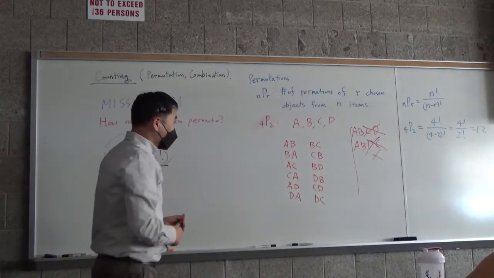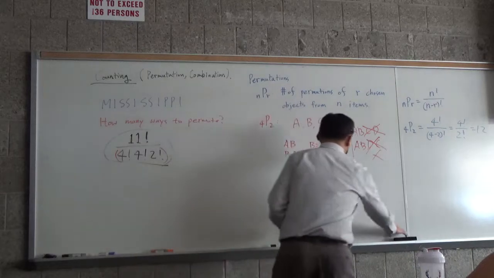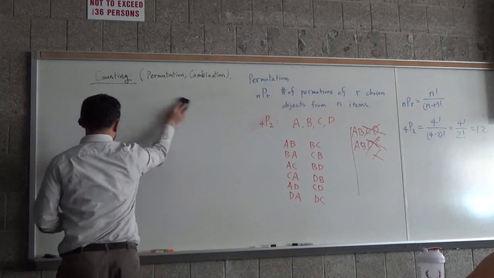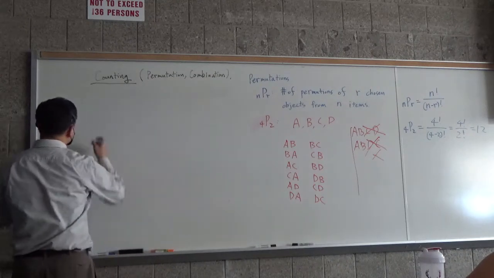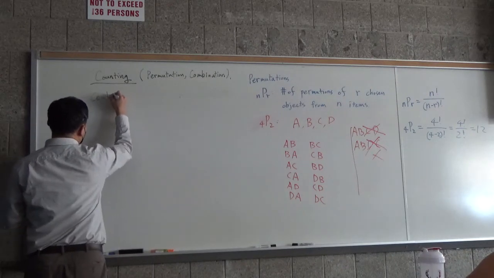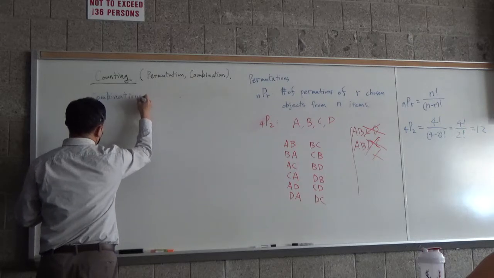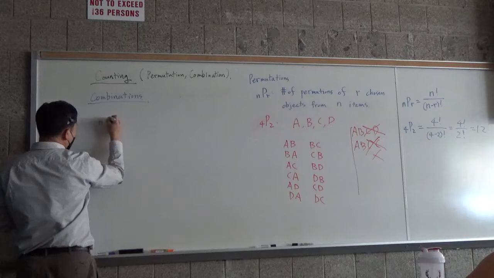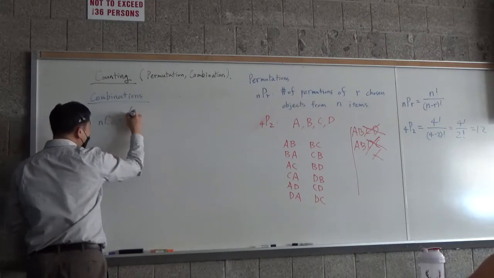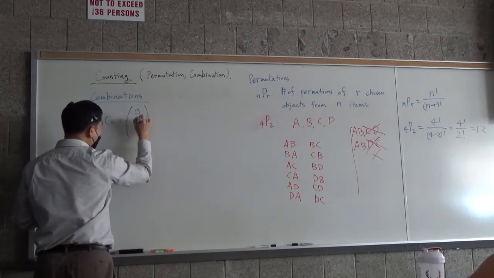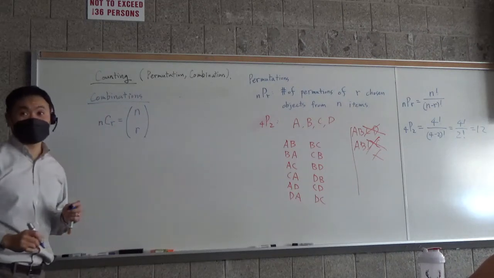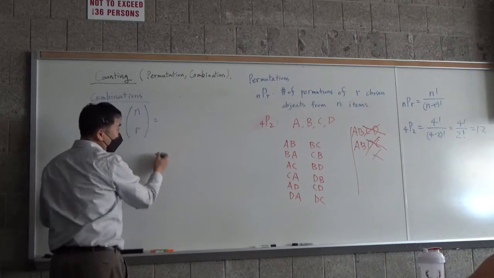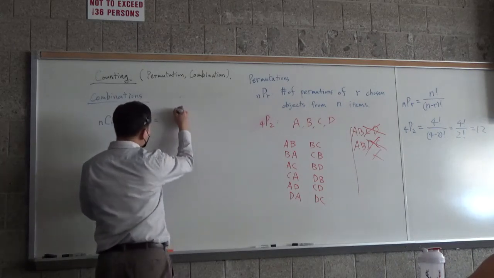And then finally, combinations. People sometimes write NCR, but the more common notation is you put N and R like this in matrix form. And the formula for this one is almost the same as that one.